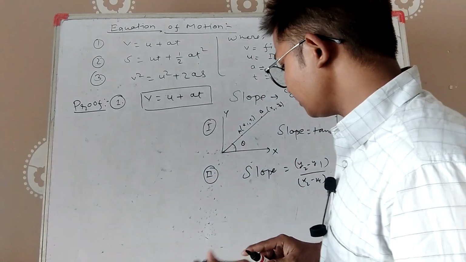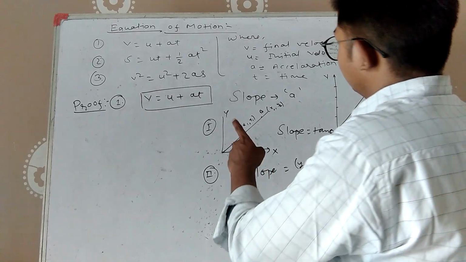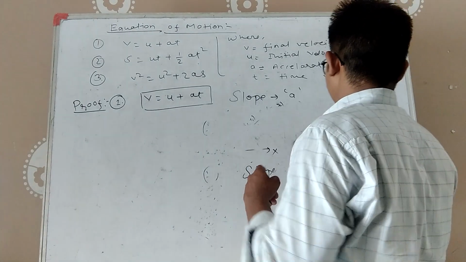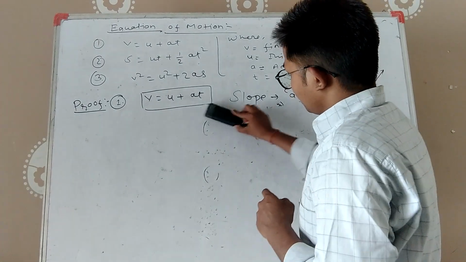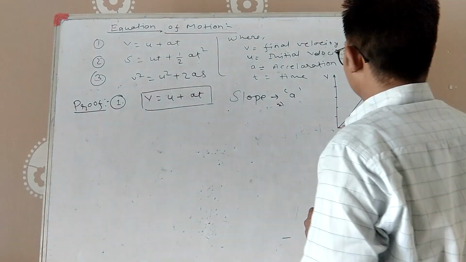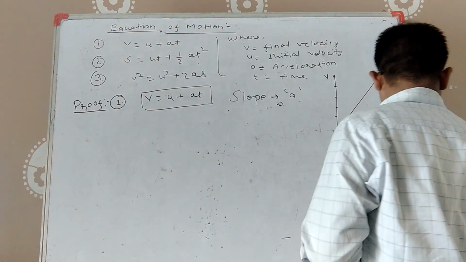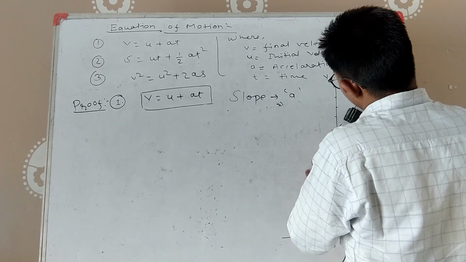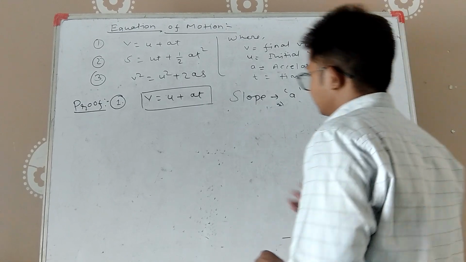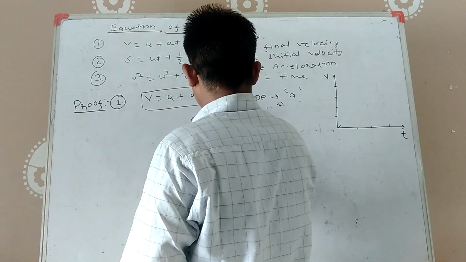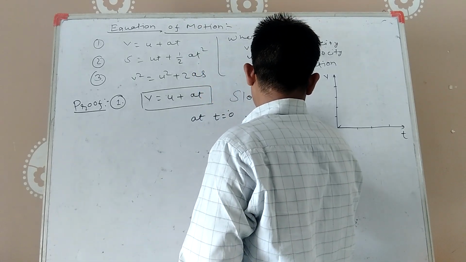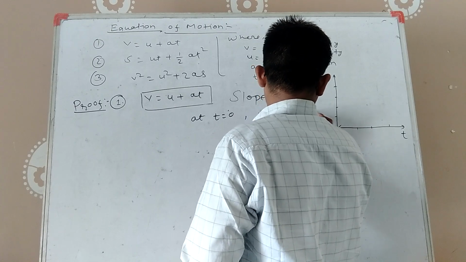So for finding the acceleration we have to find the slope of this line. The slope is nothing but the change in y axis with respect to time. Suppose at time 0, the velocity is u, the initial velocity.